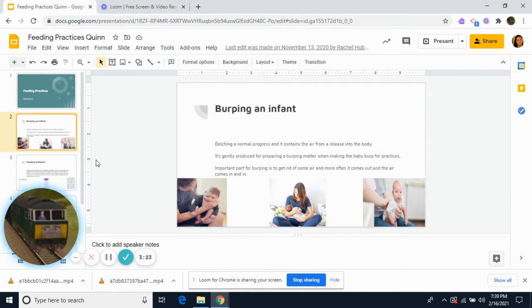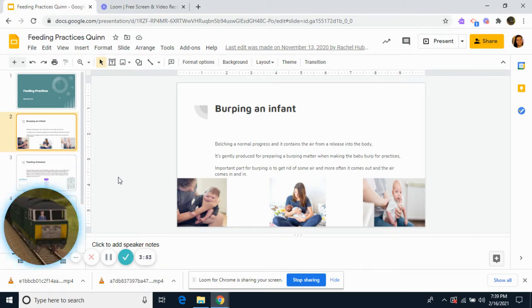All right, burping an infant. Belching is a normal process, and it releases air from the body, which is a baby burping right now. And there's a man trying to get the baby to burp. It can be kind of easy, but it takes a lot of practice to give the little baby some space, just a little time.